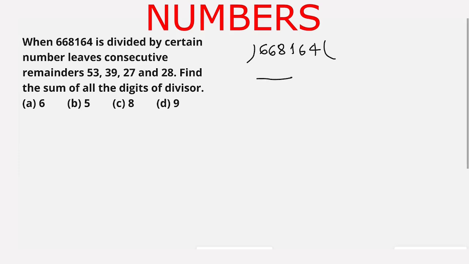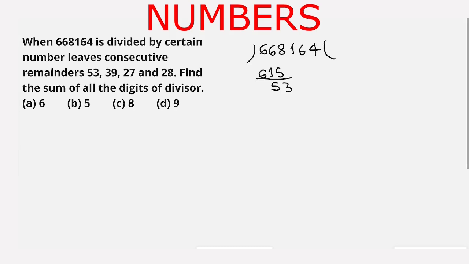We start dividing 668. The first remainder is 53, and when 53 is subtracted from 668, the number we get is 615. Or in other words, when 615 is subtracted from 668, the remainder is 53.